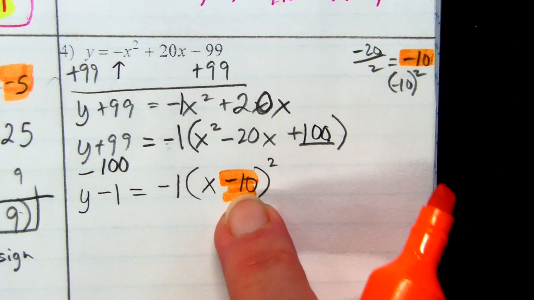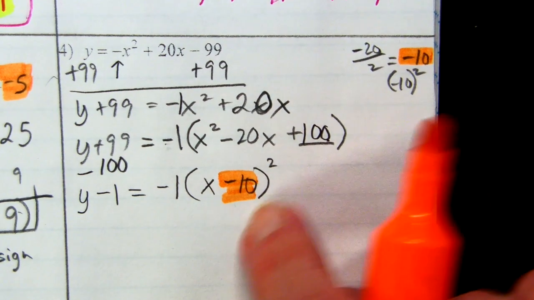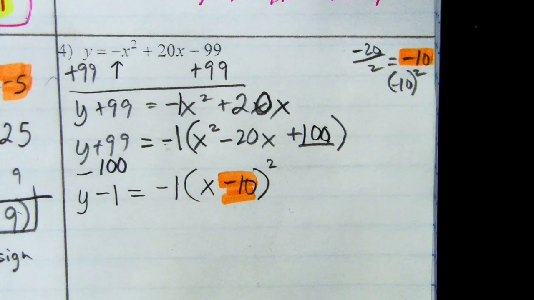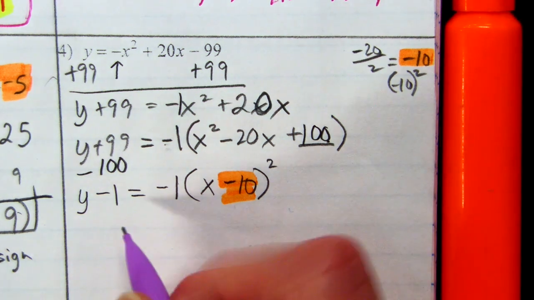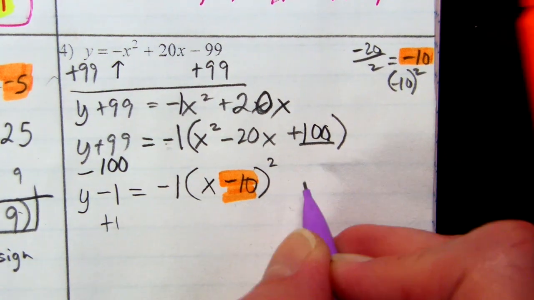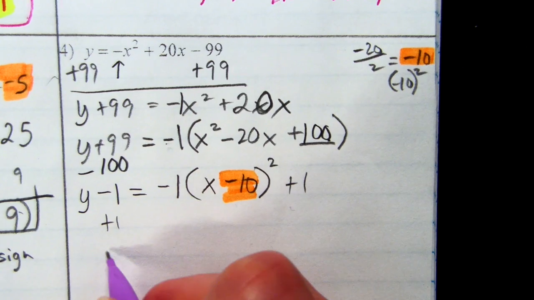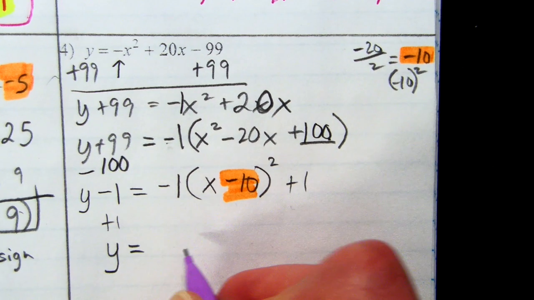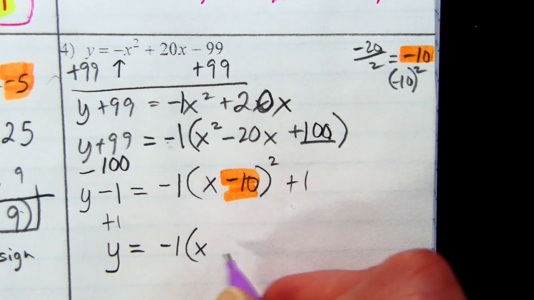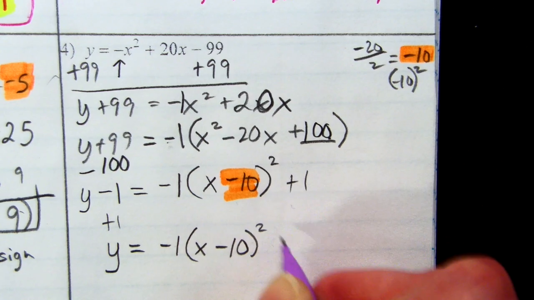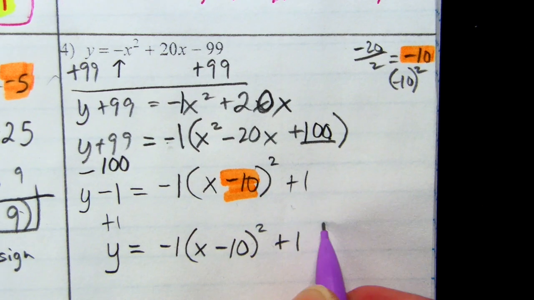So even if this were some weird decimal, I wouldn't have to sit and really think hard about the factoring. We designed this to work that way. Okay, and then I'm going to add 1 and add 1. So my final is going to be y equals negative 1, x minus 10 squared plus 1.